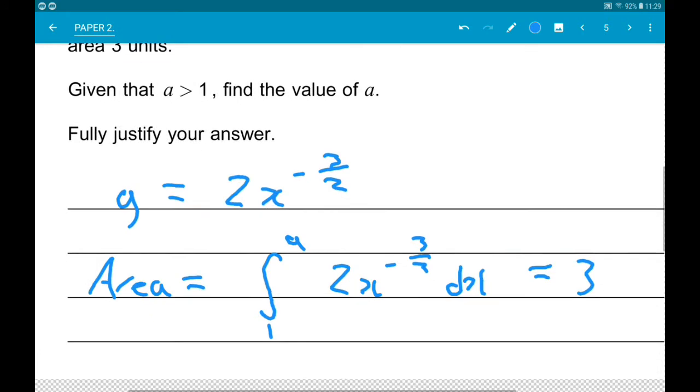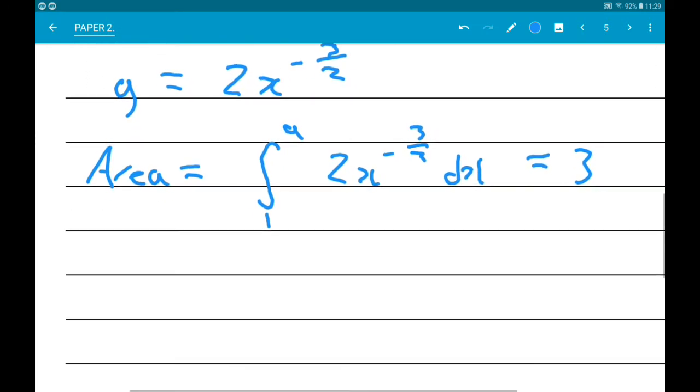So, if we integrate, x to the minus 3 halves goes up by 1 whole power, so it's going to go up to x to the minus 1 half. And then we divide by the new power.